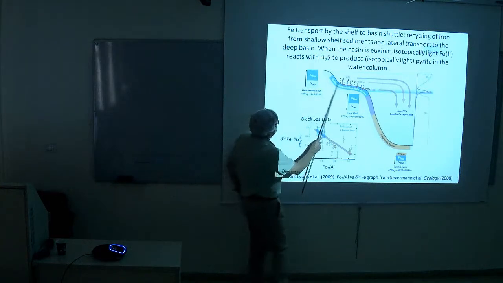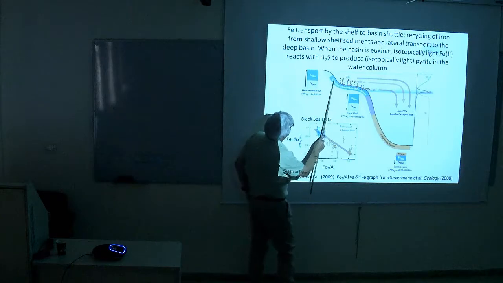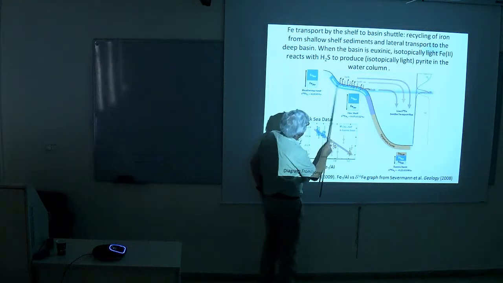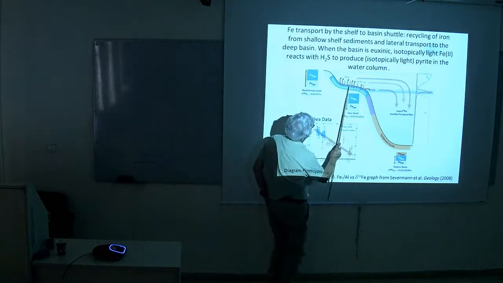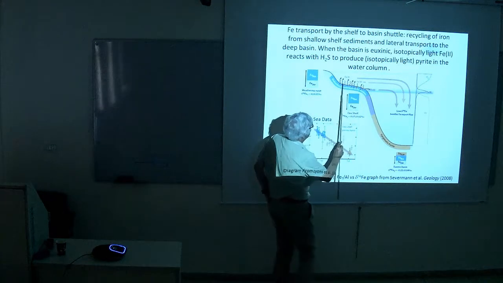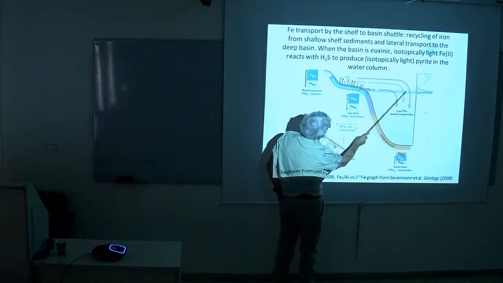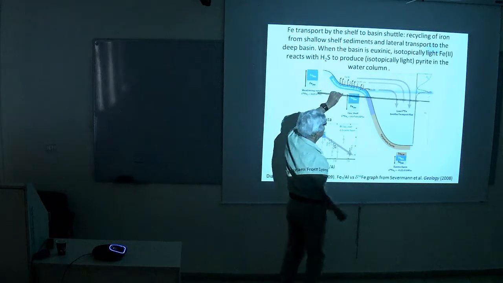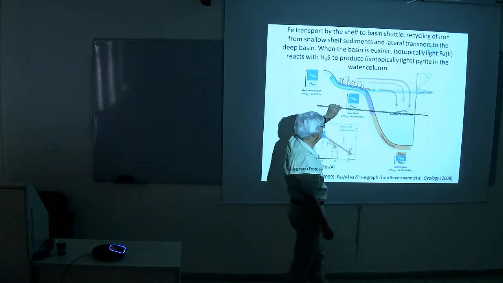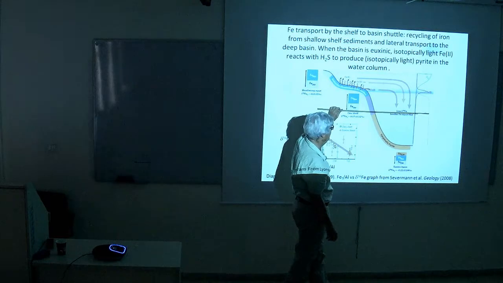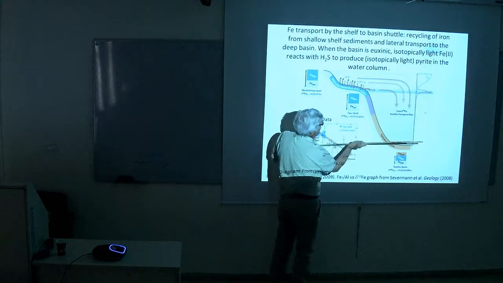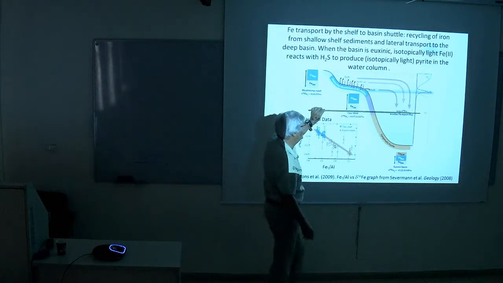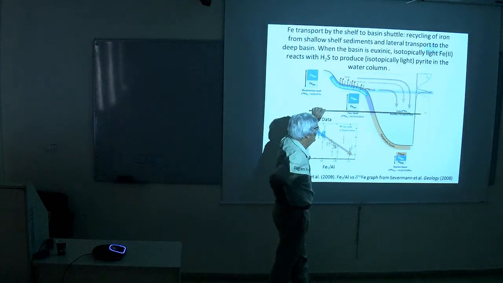And iron on the shelf will be mobilized by reductive dissolution and form all sorts of phases, Fe3, Fe oxides, Fe2. And these will be transported, and when they come into reducing conditions, they will all be converted into Fe2. And this process will result in adding isotopically light Fe2 into the ocean.